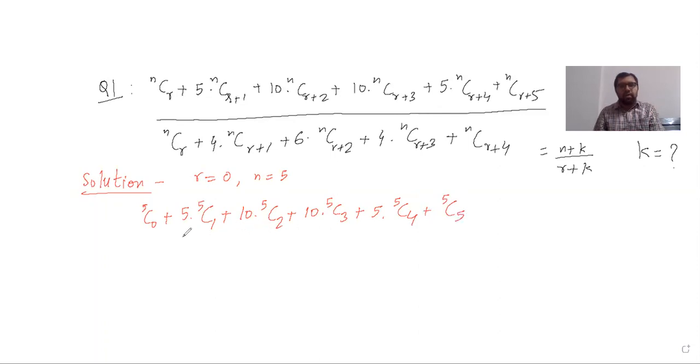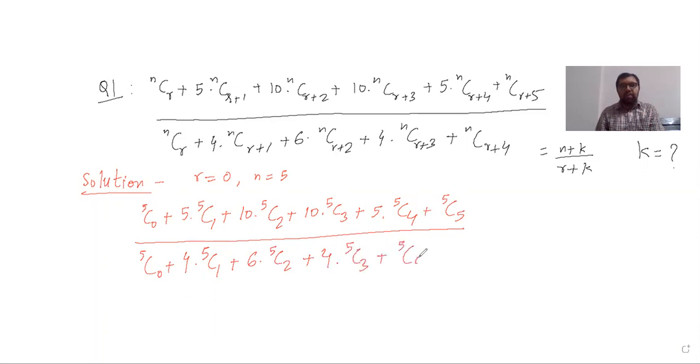This is divided by the denominator, where substituting n equal to 5 and r equal to 0 we get 5c0 plus 4 times 5c1 plus 6 times 5c2 plus 4 times 5c3 plus 5c4.